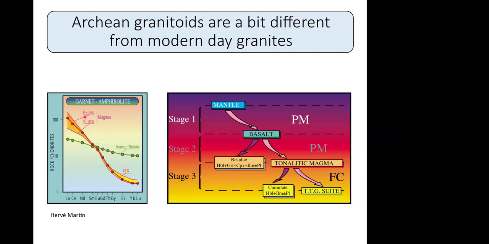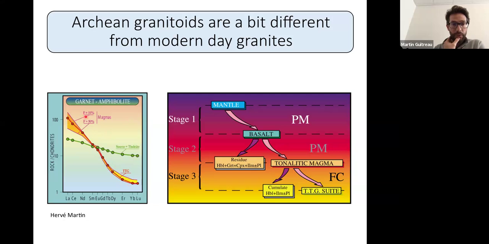So here you see partial melting from 10% up to 50%. So you reproduce this actual pattern, and this is thanks to garnet, a little bit of amphibole as well, but thanks to garnet, which is a lover of heavy rare earth.